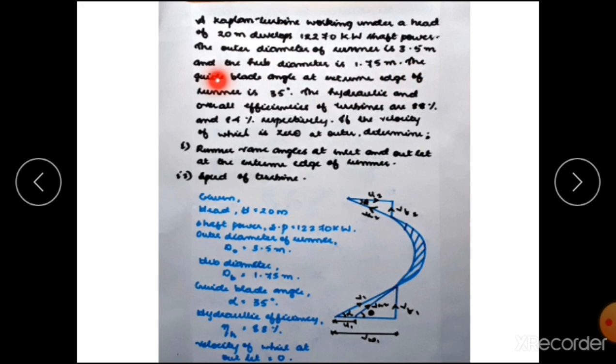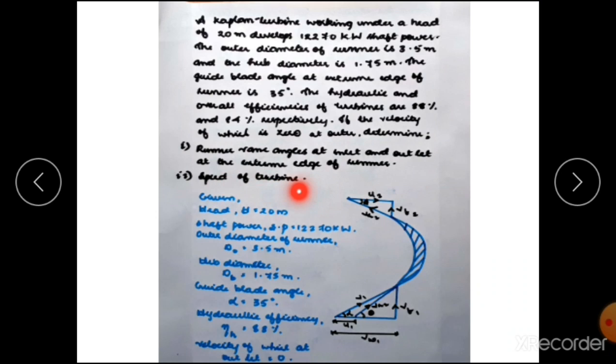The guide blade angle at the extreme edge of the runner is 35 degree. The hydraulic and overall efficiencies of the turbine are 88% and 84% respectively. If the velocity of whirl is 0 at the outlet, determine the runner-vane angles at the inlet and outlet at the extreme edge of the runner and the speed of the turbine.